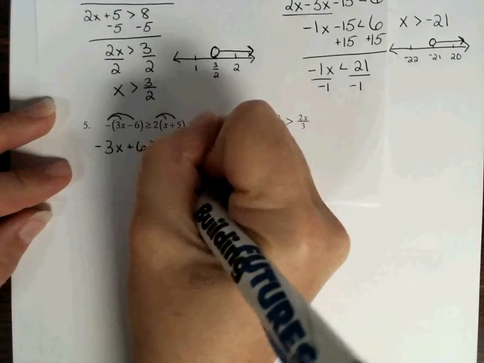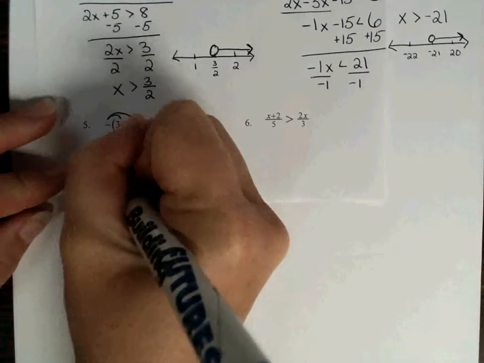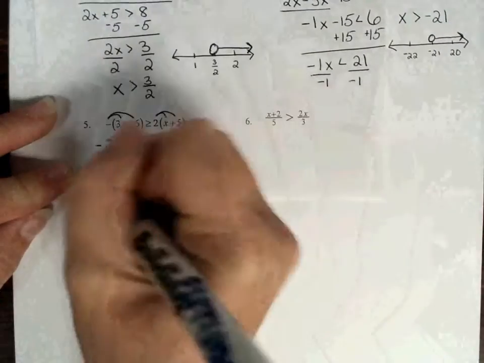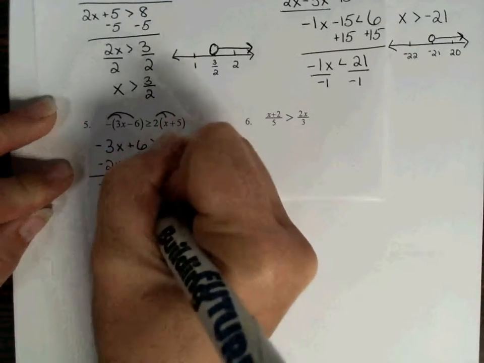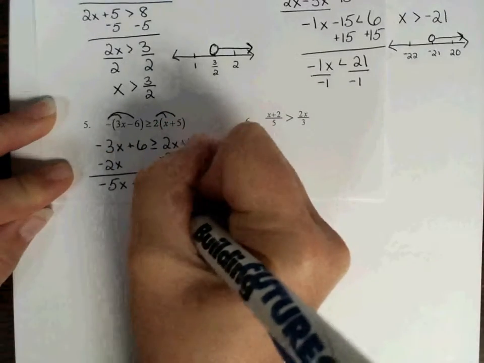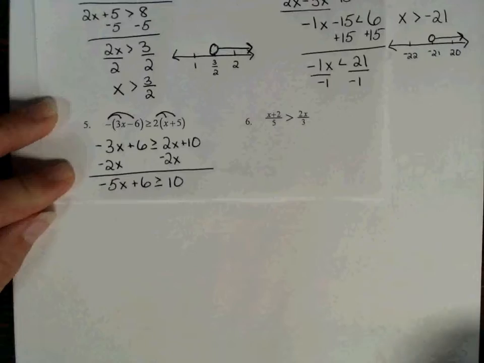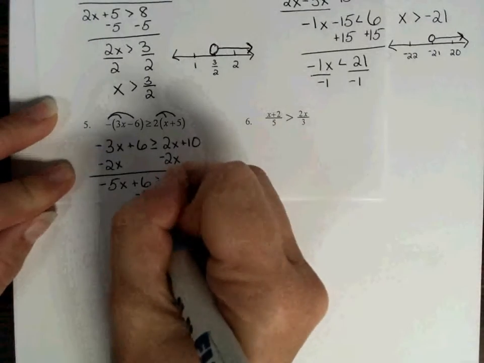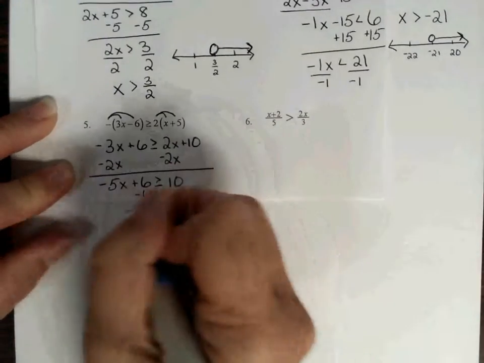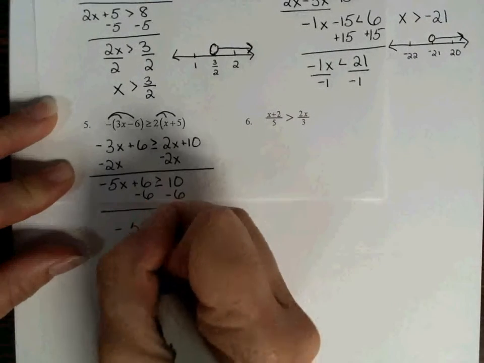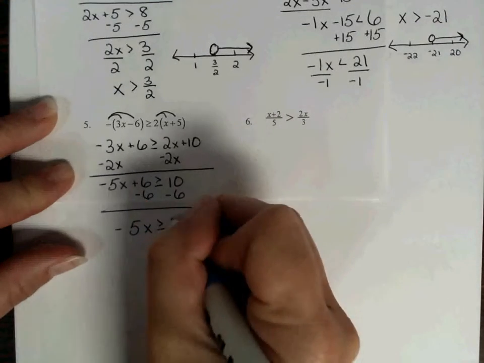I'm going to subtract 2x. Get negative 5x plus 6 is greater than or equal to 10. Subtract 6. Negative 5x is greater than or equal to 4.